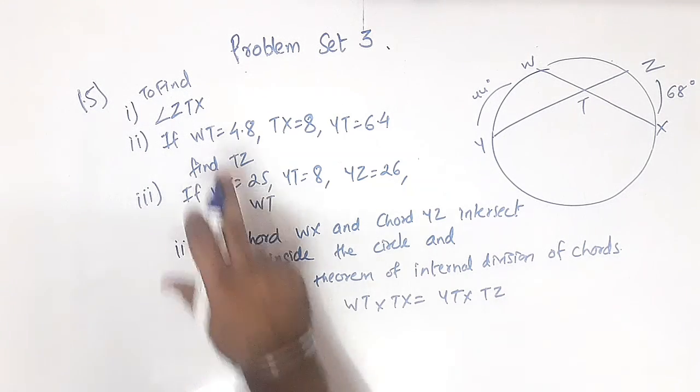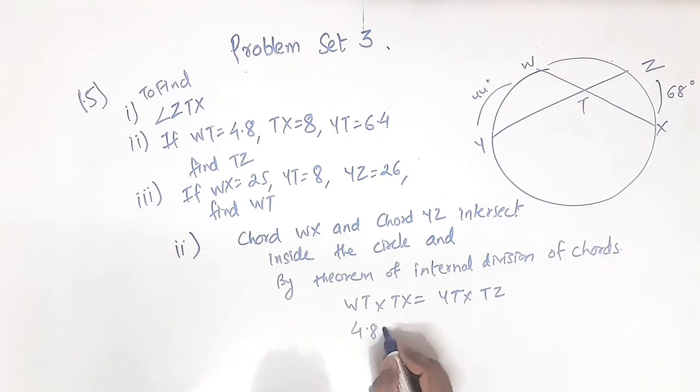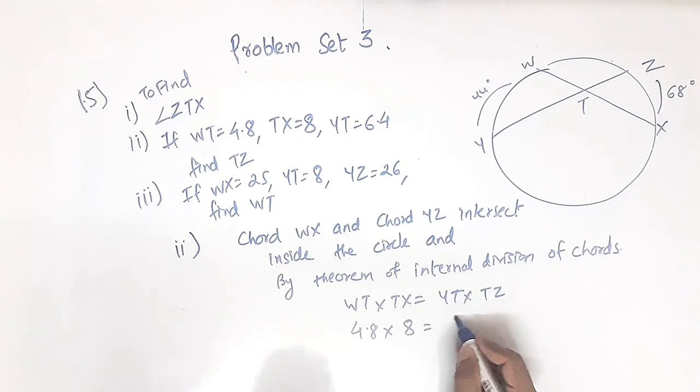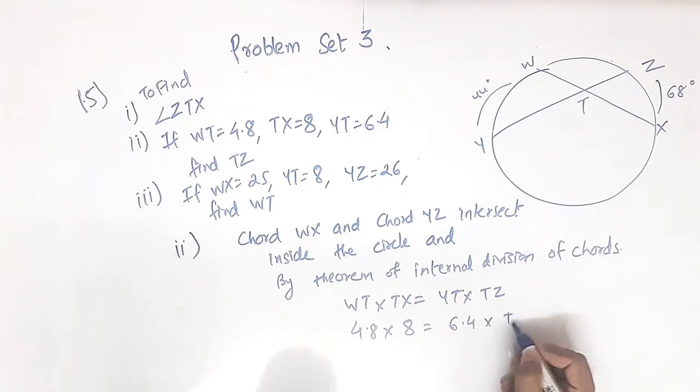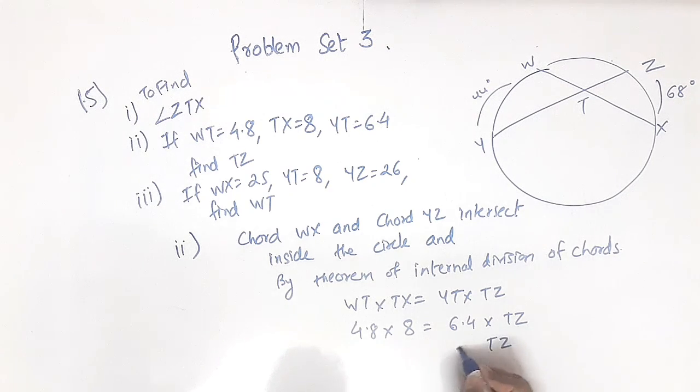What is WT? It is 4.8, TX is 8, YT is 6.4, and TZ we are asked to find. So TZ I'll keep here, and 6.4 I will get on the LHS, so it will become the denominator. This is 48 and this is 64, so I'll take 16 fours are and 16 threes are.